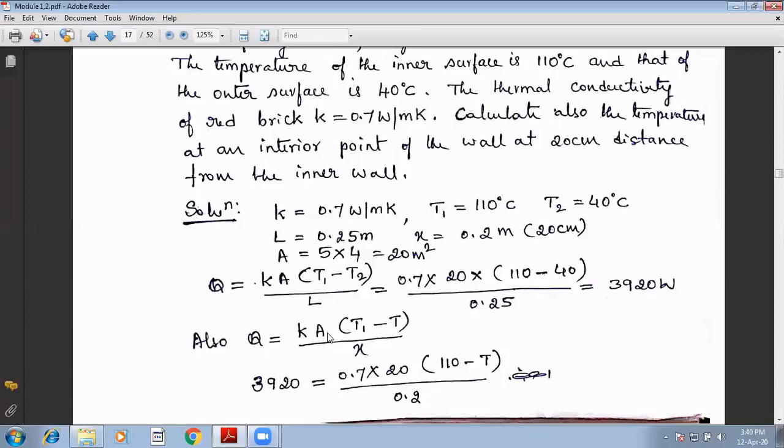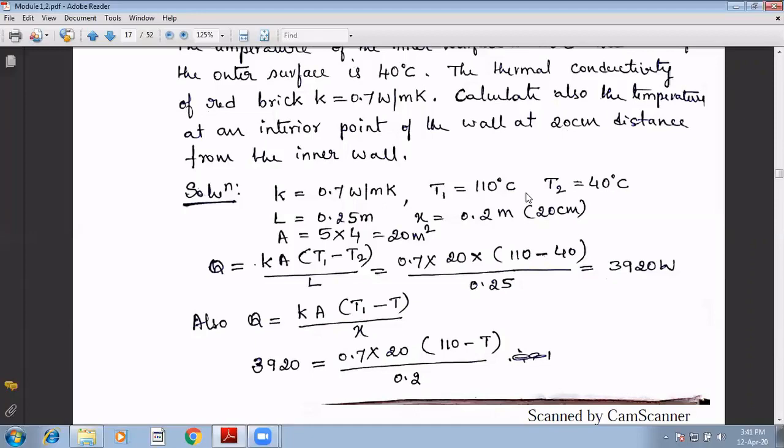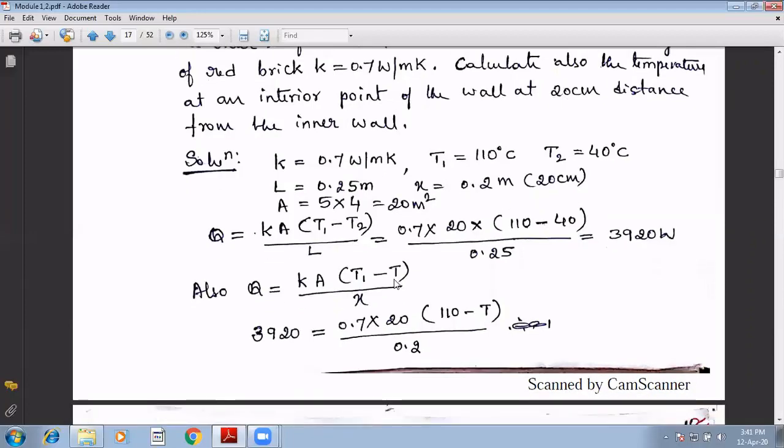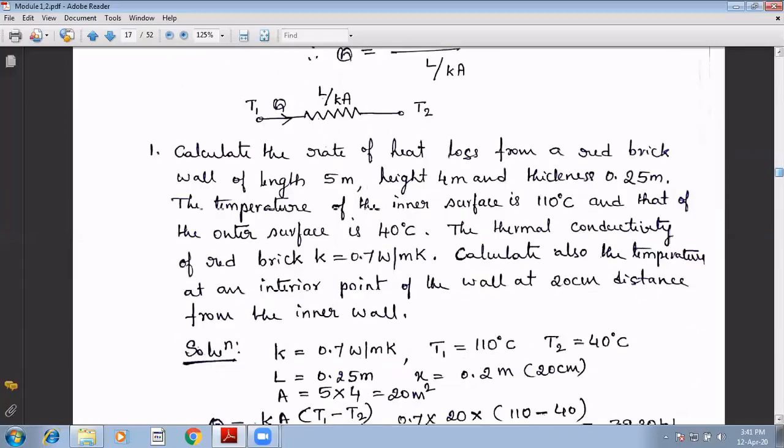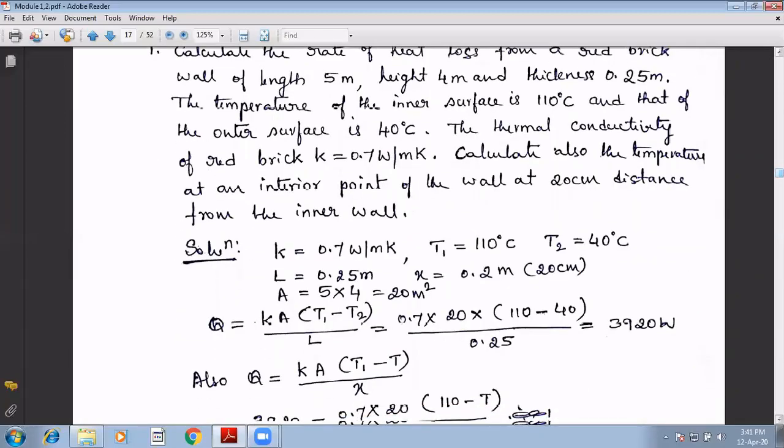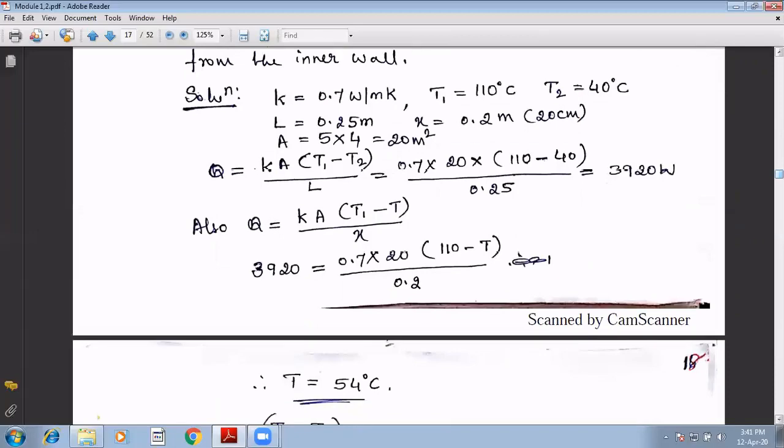So Q is equal to kA into (T1 minus the unknown temperature), and he has asked you to calculate at 20 centimeter distance, so this becomes your thickness. If it is asked at the midpoint, this could be 12.5 because total thickness is 25 centimeter. If you substitute the value for Q as 3.92 kilowatt and all the rest of the values, you will be getting a temperature which is obviously greater than the surface temperature, which is 54.